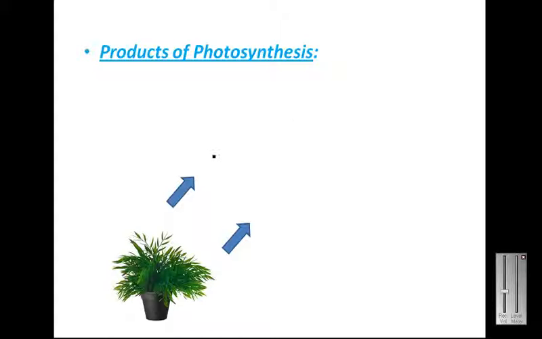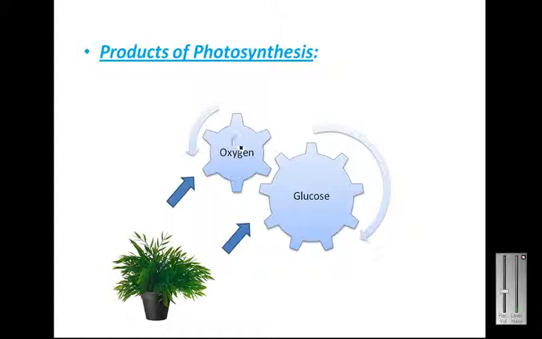Now, what are the products of photosynthesis? We have already talked about this. Oxygen, which is a gas, we can write O2, and glucose is C6H12O6. So these two are the products of photosynthesis.